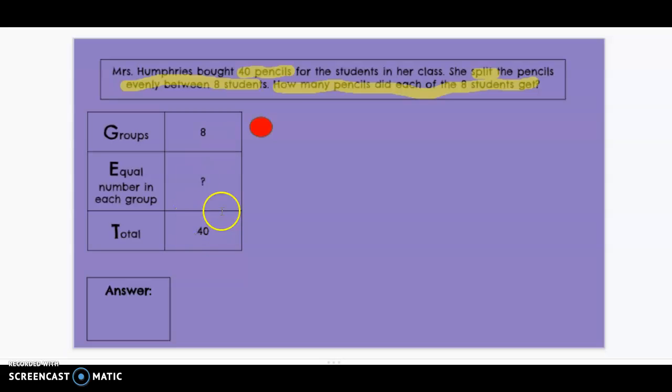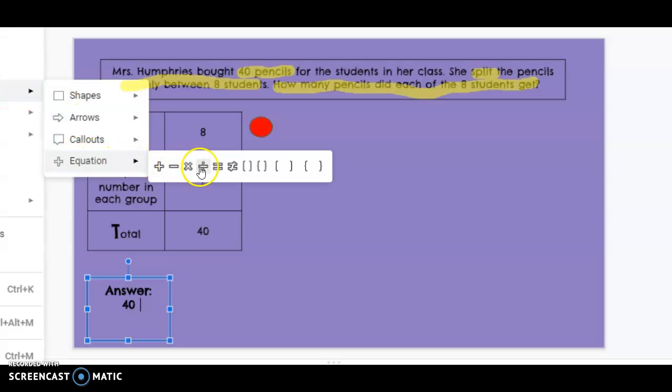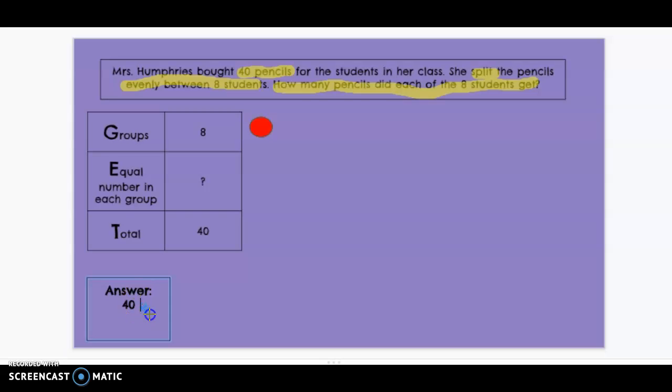We're going to be dividing 40 divided by 8. The only two numbers that we have in our get chart, okay? 40 divided by 8, right there.